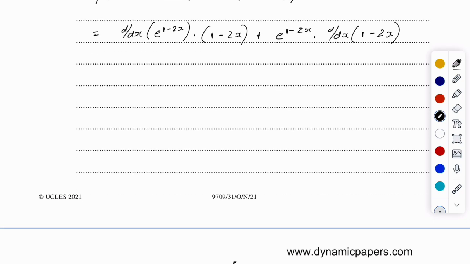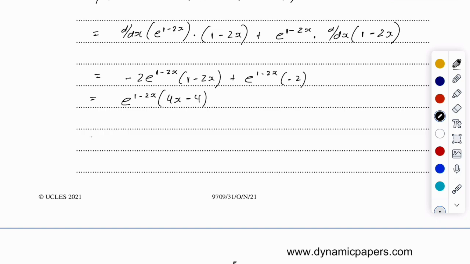We then get what from here? Well, this is going to equal minus 2e to the 1 minus 2x times 1 minus 2x plus e to the 1 minus 2x times minus 2, which equals e to the 1 minus 2x times 4x minus 4, right?